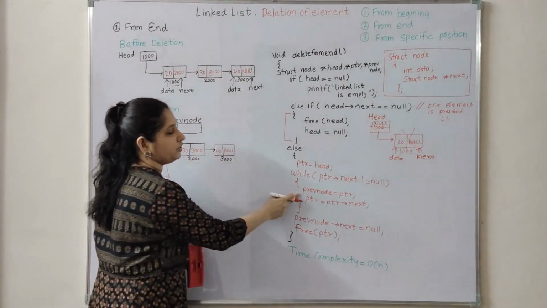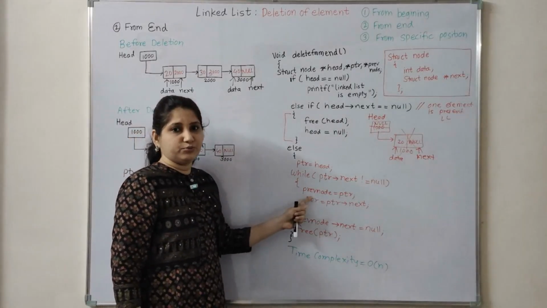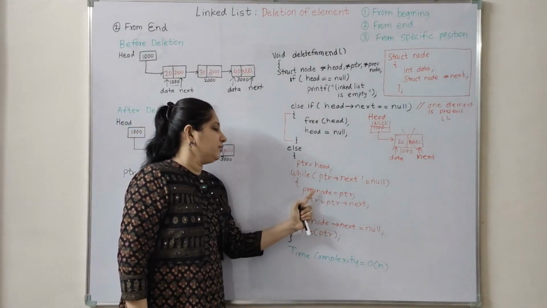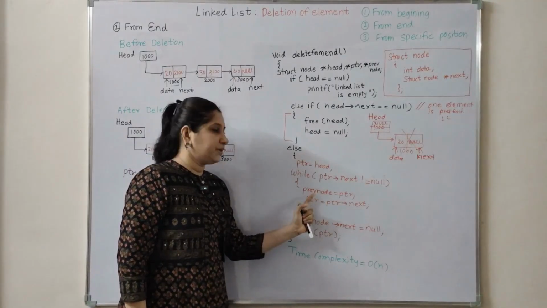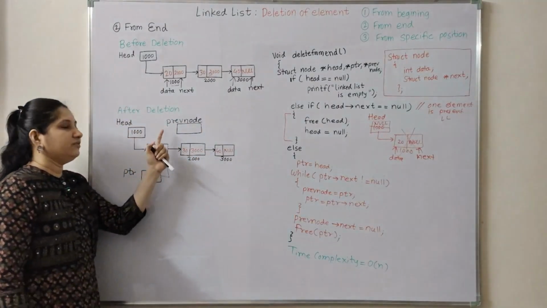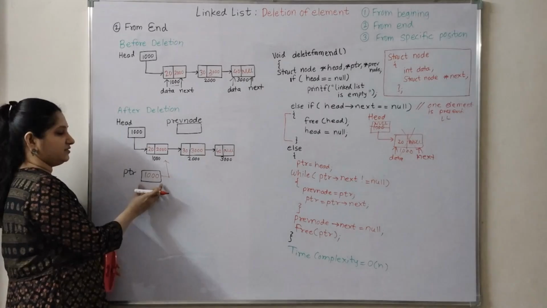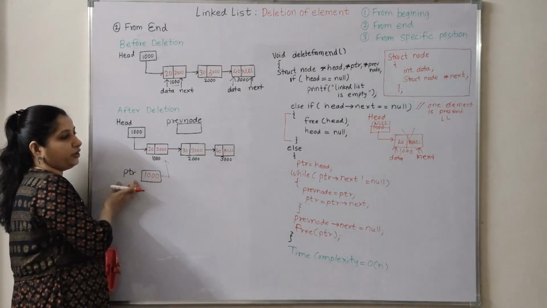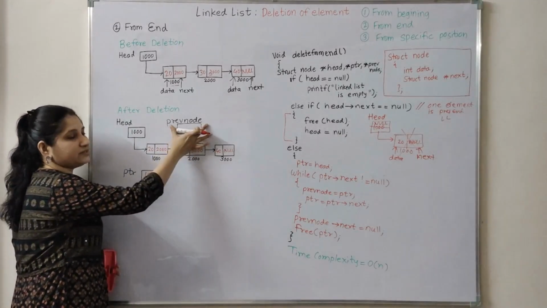So we go inside the while loop, and in the while loop we assign previous node equal to pointer. We take this previous node and assign the value of pointer to it.